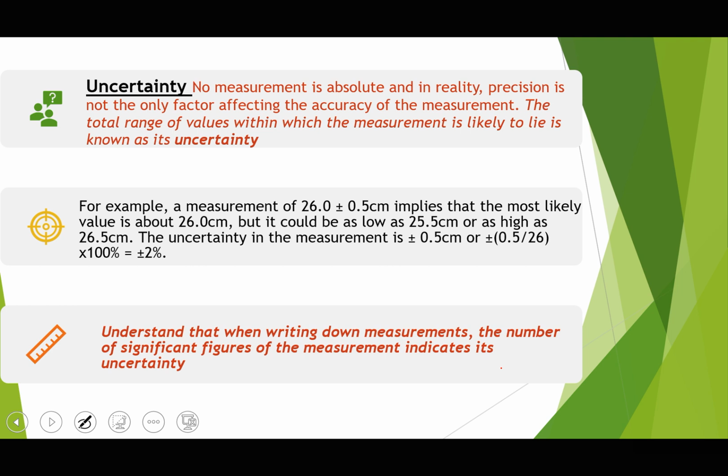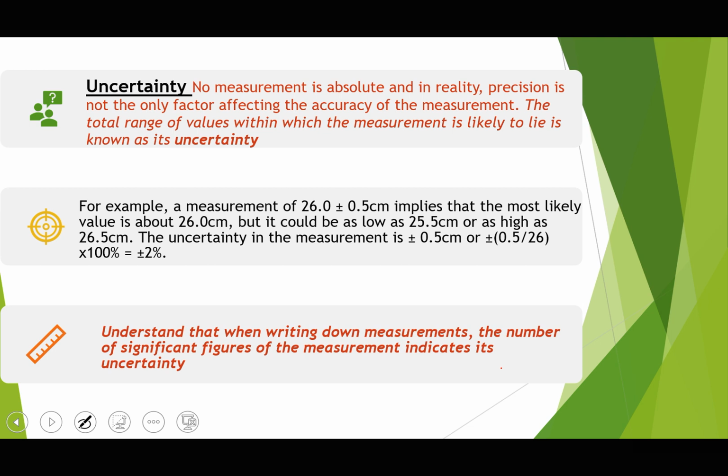In real life, precision is not the only factor which affects accuracy of a measurement. The range of values within which a measurement is expected to fall is what we shall call uncertainty in measurement, unlike the uncertainties in everyday life, things you do not expect and which all of a sudden happen.